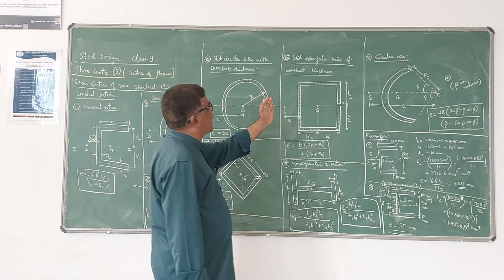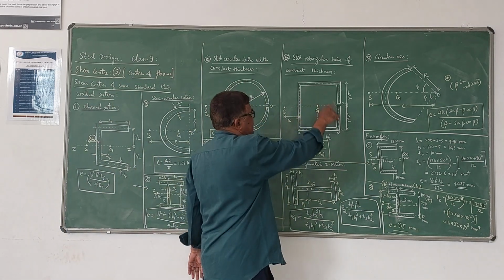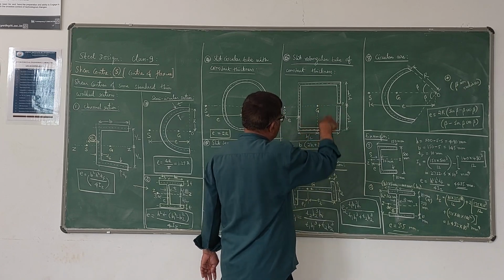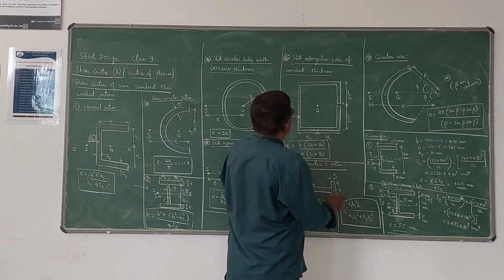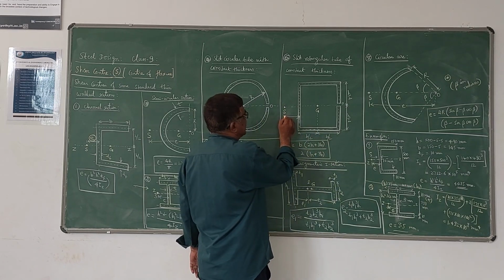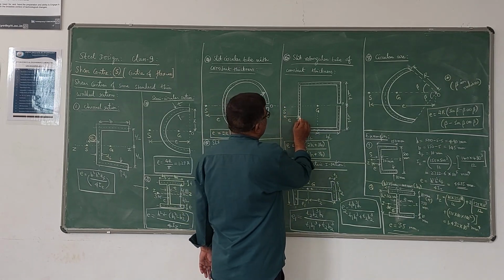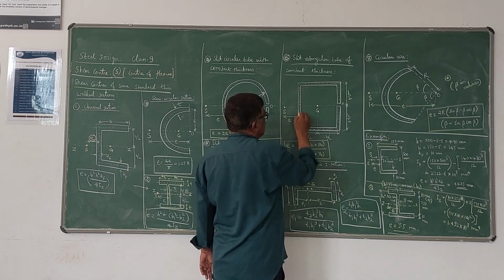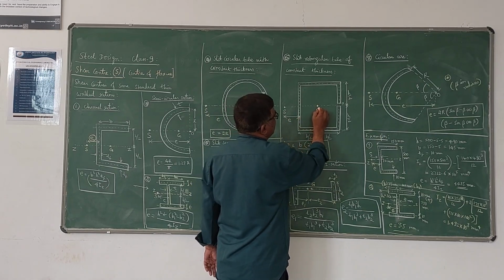Next, coming to split rectangular tube of constant thickness. So this thickness is constant here. In this case, the shear center S is located at a distance E from the central line of this edge, you can say. So G is the centroid here.